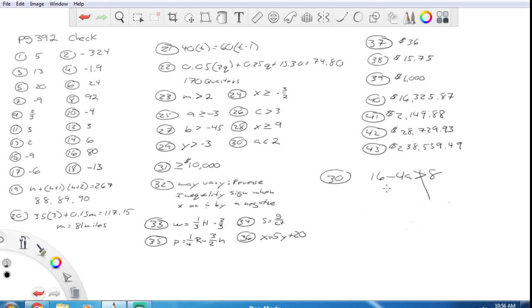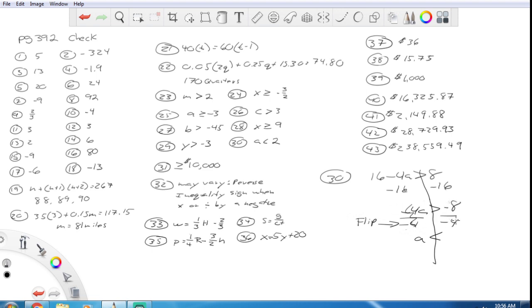This is a positive 16, so I'm going to subtract 16 from both sides. This gives me negative 4a is greater than 8 minus 16, which is negative 8. Then I can divide by my negative 4. Again, still dividing by my negative 4, so this is going to be my flip. It flips, this becomes a, because negative 4 divided by negative 4 is positive 1, so they cancel out.